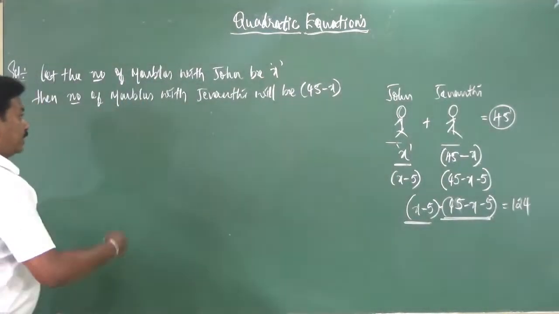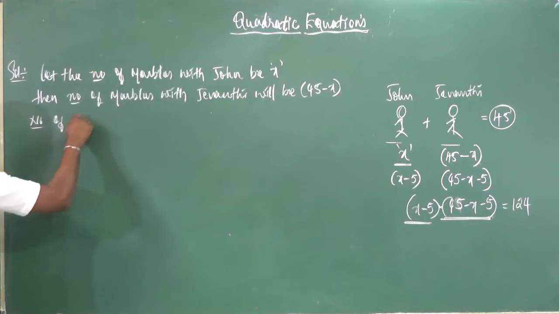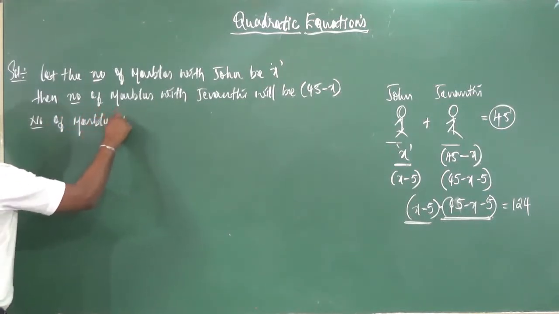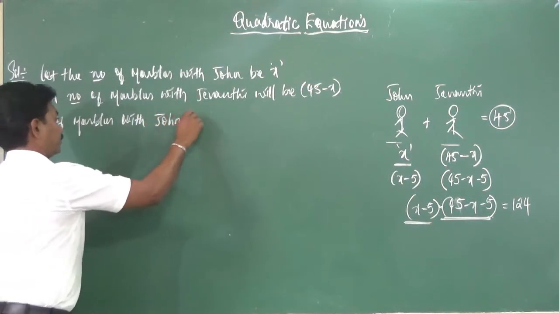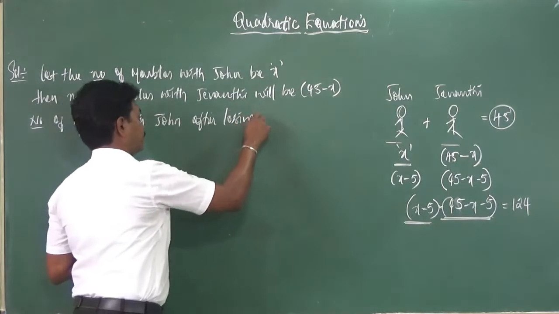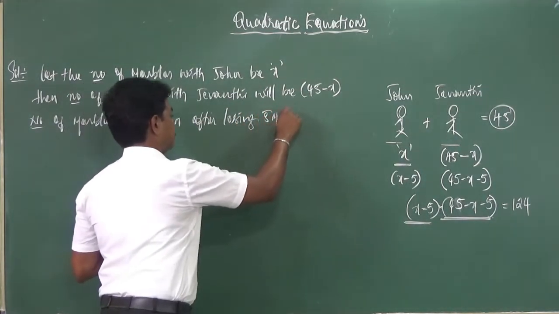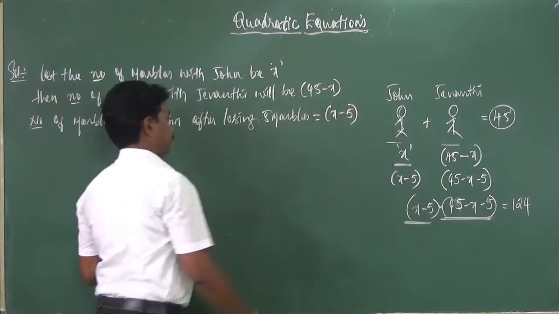So now they lost 5 marbles, so the number of marbles with John after losing 5 marbles is equal to x minus 5.